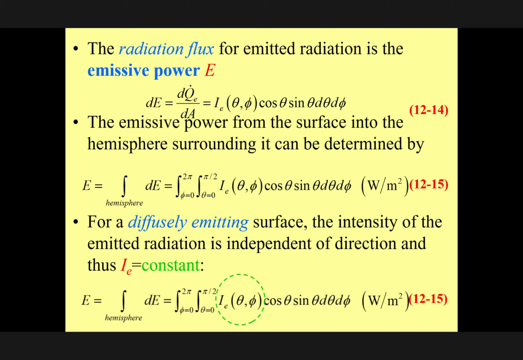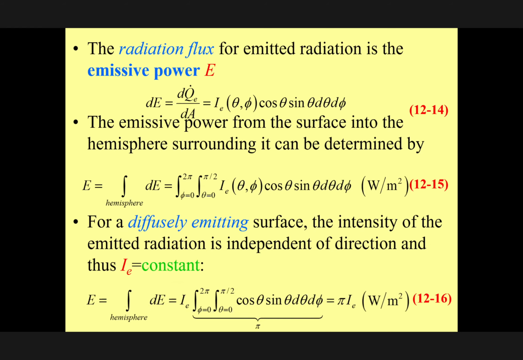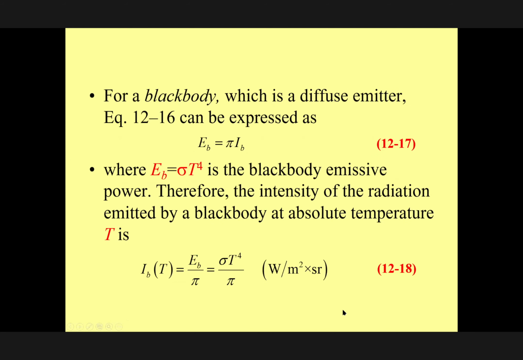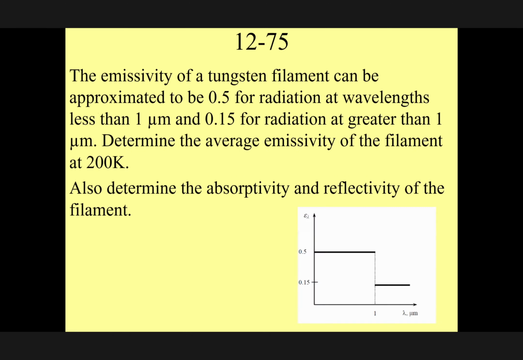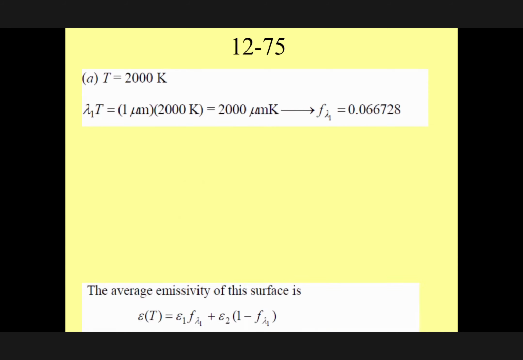This expression is constant. I can take it out right here. And if I go one step further, I can calculate the energy emitted as a function of intensity. Therefore, this is something that we should remember. Now we have the total energy emitted by a black body. If I want to find the intensity, it is divided by pi, okay? This is per unit of solid angle, okay? I will come back to this one later on.